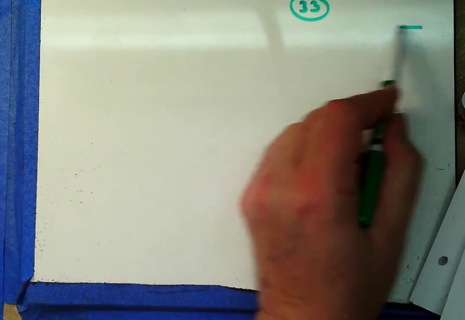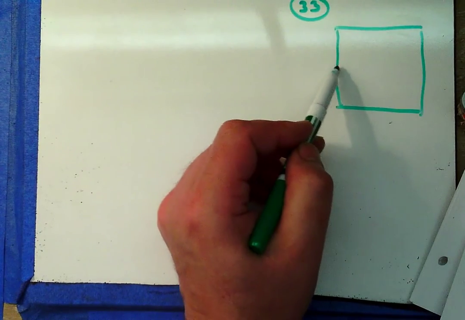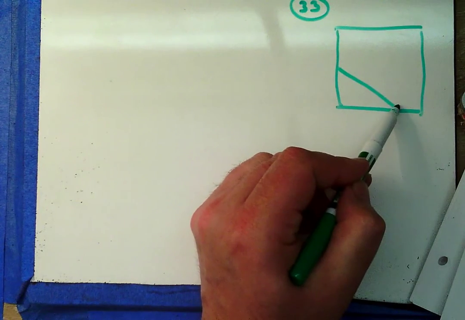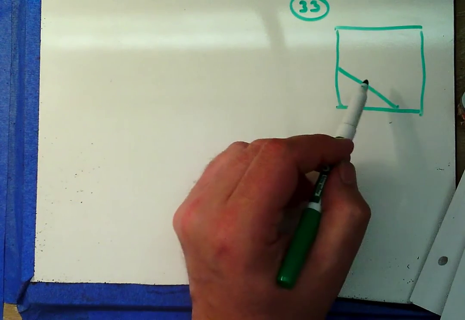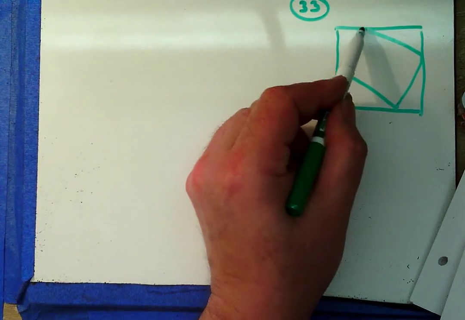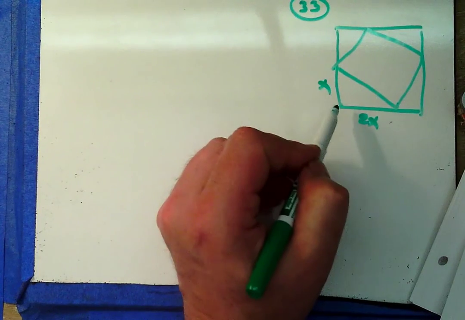So we have this interesting figure drawn here where we've put in a square there, and there, and there, where this is 2x and this is x.